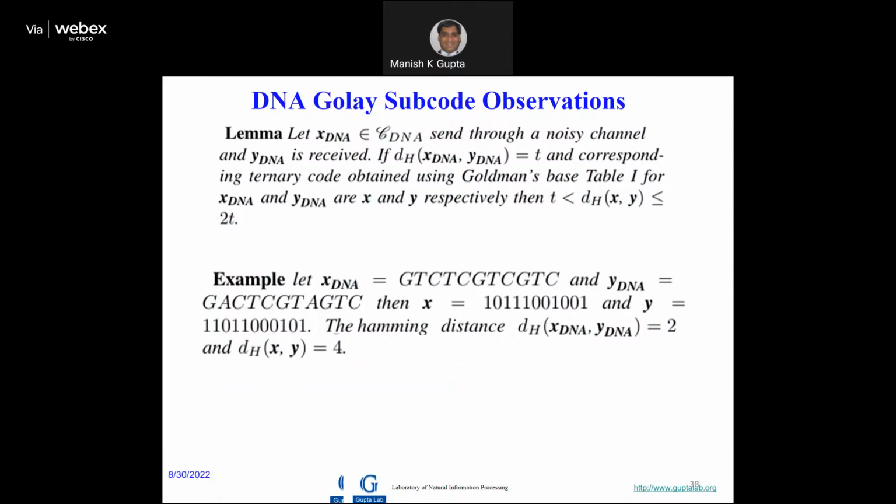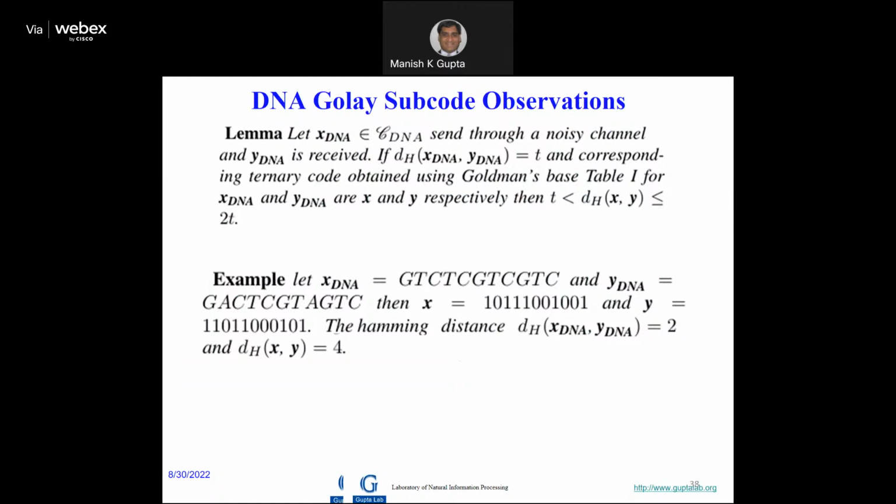If X DNA from cDNA is sent through a noisy channel, and suppose Y DNA is received. So we stored X DNA and Y DNA is received, right? If the distance between these two is T, that is, T errors have happened, suppose T bit flips, then the corresponding ternary codes obtained using this map are, suppose, X, Y. You map both the vectors back to the ternary space, because it is a Golay subcode.